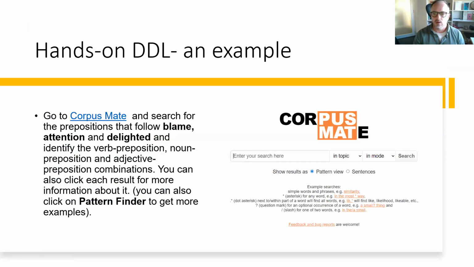So a sample activity might be something like this, where you go to a corpus platform, and this one is Corpus Mate. This is a platform that I have developed myself, and I will share the link with you to that in a moment. You will then search for prepositions that occur maybe after some target words, for example, here, blame, attention, and delighted.